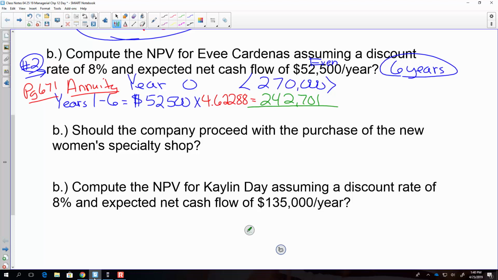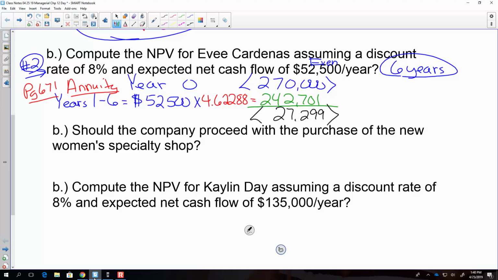And obviously, we're not going to have enough, are we? We're going to be short here. So my negative, the amount I spent, is more than I actually expect to receive in future cash flow.